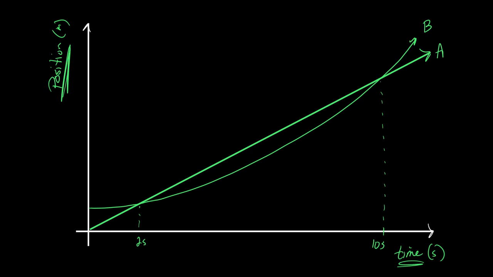Does cyclist A and cyclist B ever have the same speed? Now, does cyclist A speed ever change? No. Does cyclist B speed ever change? Yes. Is cyclist B speed increasing or decreasing? Increasing.